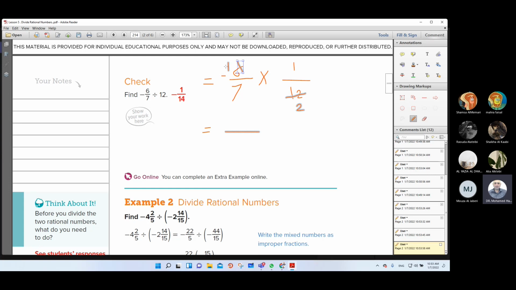So negative 1 times positive 1 on top, and 7 times 2 on the bottom. Negative times positive is negative. 1 times 1 is 1, and 7 times 2 is 14. So the answer is negative 1 over 14.